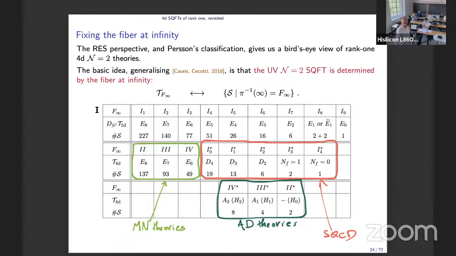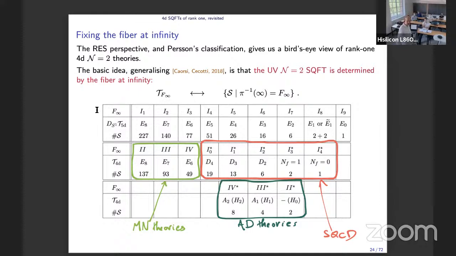So let's go down there. If you have the II star, III star, and IV star at infinity, you get the so-called classic Argyres-Douglas theories, that are often called H0, H1, and H2. Those are the Argyres-Douglas theories, which are superconformal field theories, right? But they can be embedded in a different UV complete theory, which is SQCD itself.